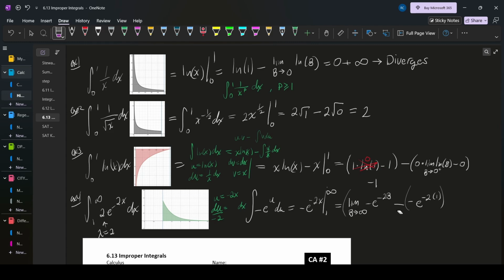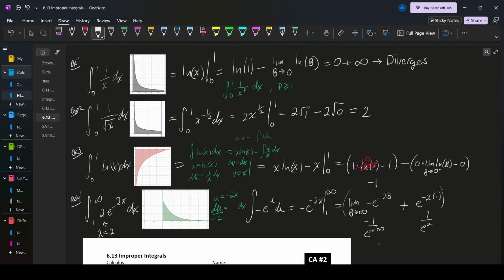Just a little clarification. This minus minus, let's just change that into a plus. E to the negative 2, let's rewrite that as 1 over e squared. And let's rewrite this as negative 1 over e to the 2b. Now, as b approaches infinity, this exponent will approach infinity.